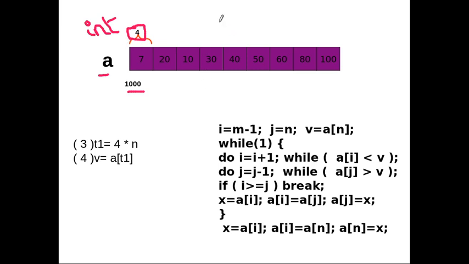Okay, now I want to find the nth index. How am I finding this nth index? N into 4. How many bytes am I requiring for this? 4, 4, 4, 4, 4. So n into 4, I am getting this address.